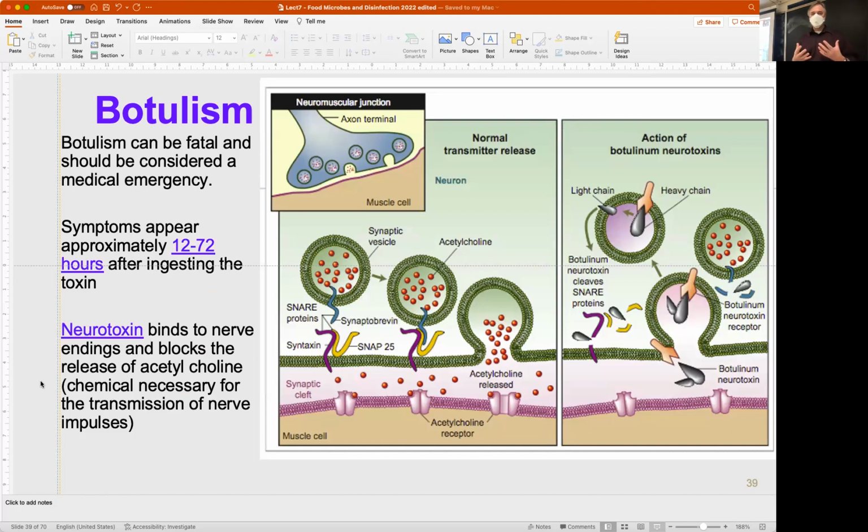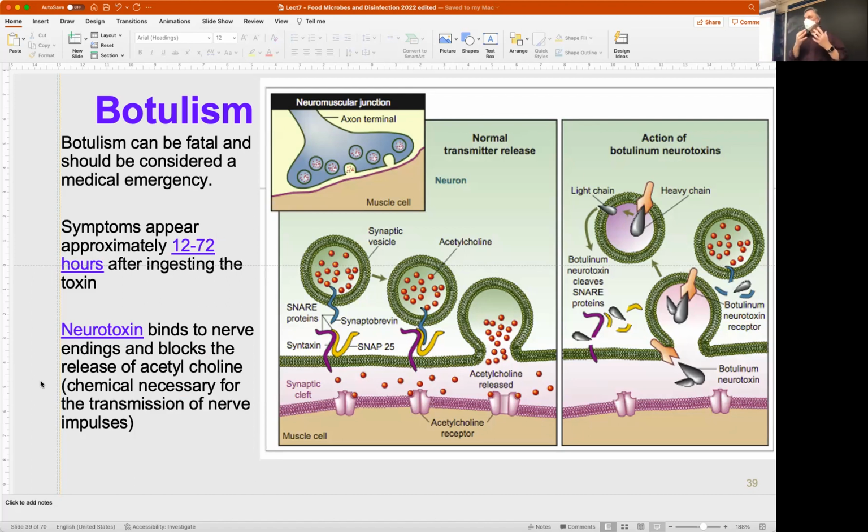I took this from a science paper just to show you an explanation of how this toxin works. So imagine, if you will, you have a neuron. The neuron has a shape that's kind of like a mushroom. Inside the neuron you have vesicles, and the vesicles are all filled with a chemical compound called acetylcholine.